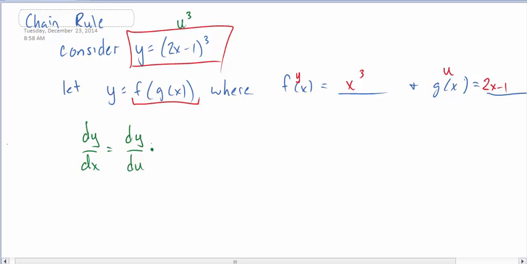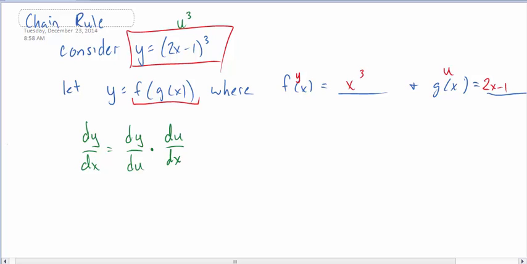And then multiplying that by the derivative of u with respect to x. So this is what the chain rule is. It's taking the outside function and differentiating with respect to the inside, and then differentiating the inside with respect to x.